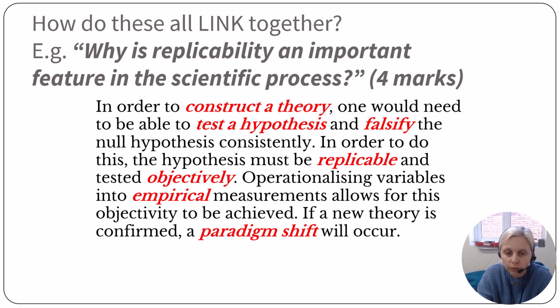Operationalizing variables into empirical measurements allows for this objectivity to be achieved. If a new theory is confirmed, a paradigm shift will occur. Now, this is tying them all together. You're not expected to bring all 7 in any answer, but it's just to show you how they're all connected.